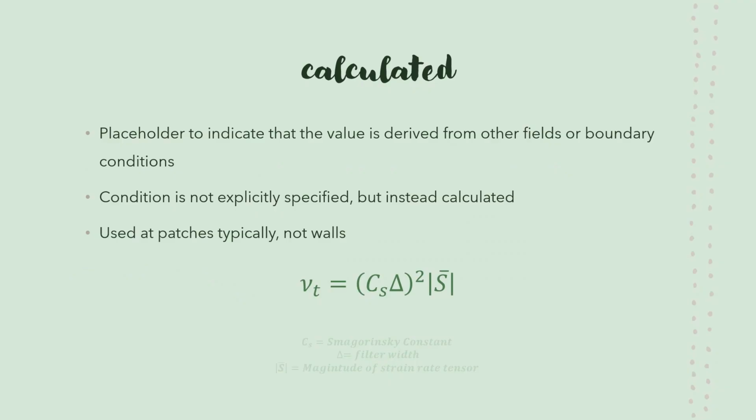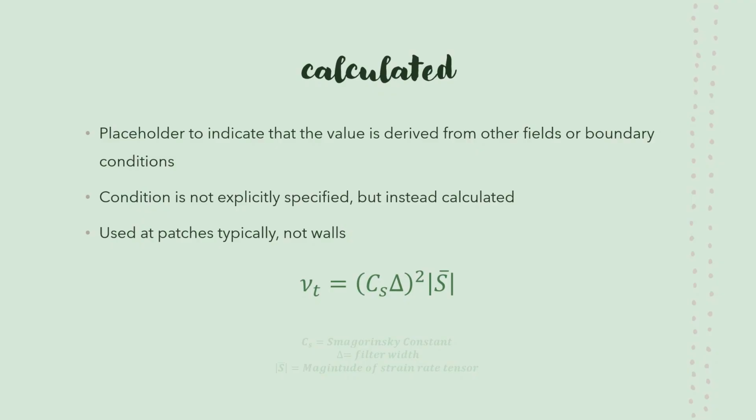Next we have calculated. This is an important one, specific to turbulence. Calculated essentially talks about having a placeholder in the OpenFOAM workflow where it is indicated that this value is derived from other field variables or other boundary conditions. Specifically, this condition is not explicitly specified.